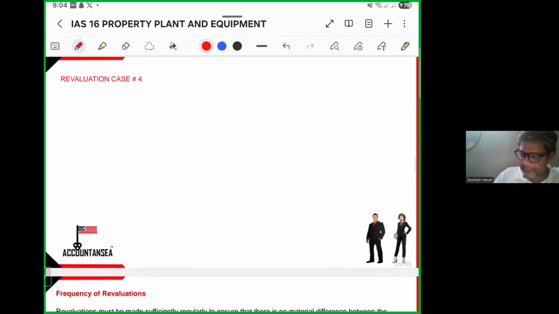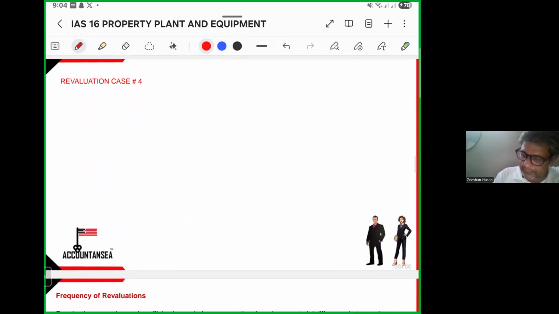Then the final case. First downward, then upward.